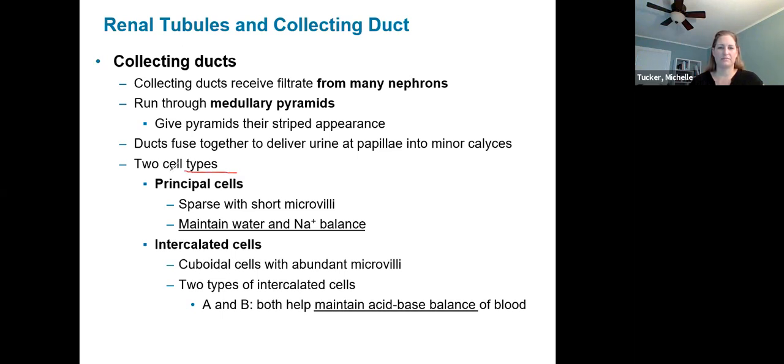Principal cells, which are going to be involved in water and sodium balance. Like I said, those two tend to go together. And then the other population are intercalated cells, and we'll talk about how they assist in acid-base balance.